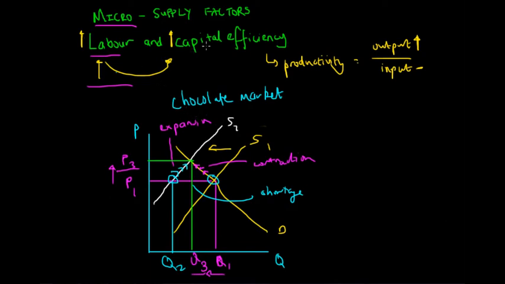So to recap, an increase in efficiency would shift the supply curve to the right. And this will result in a lower equilibrium price and a higher equilibrium quantity.